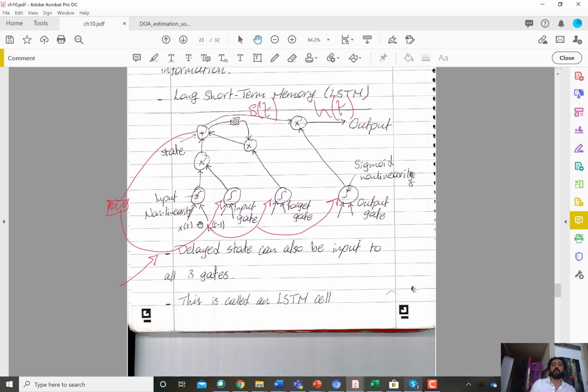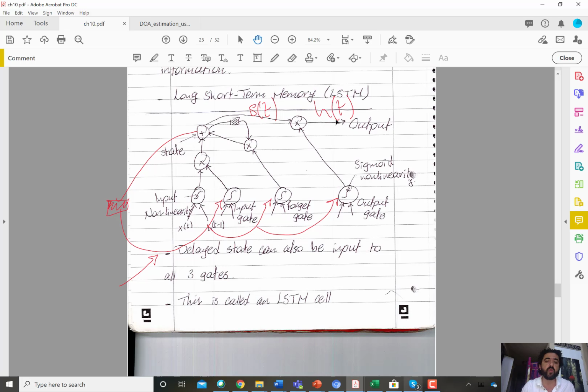So h of t could be different from s of t, and the difference is basically that the output goes through the output gate as well as the output nonlinearity. This comment here now makes sense, because it says that even s of t minus 1 can control how the gates open and close in each time step.